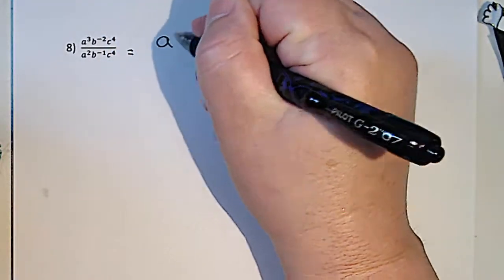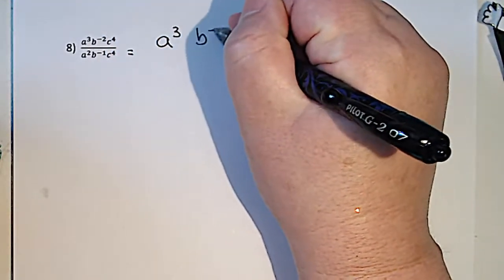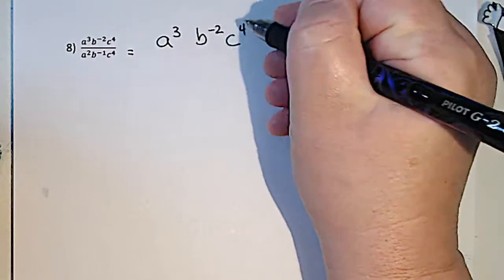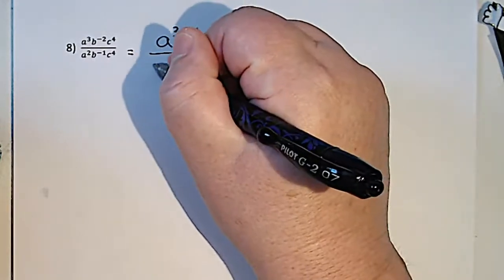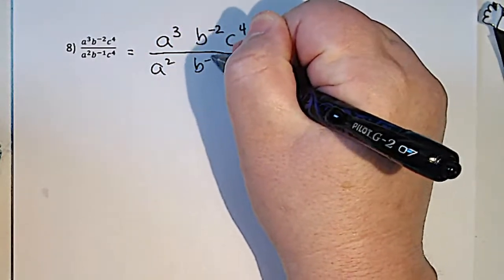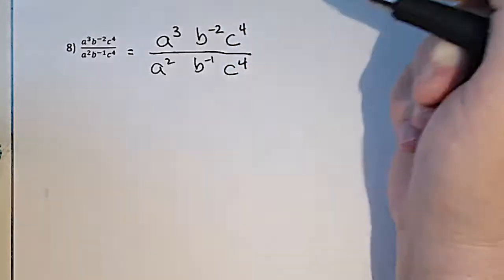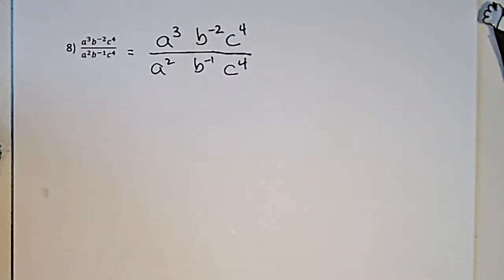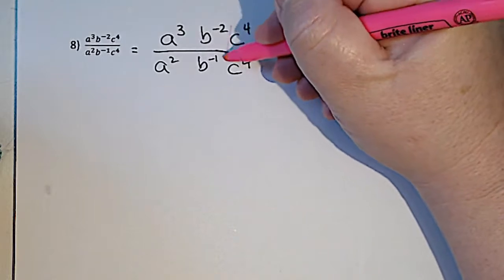So as usual, I will write bigly here so that we can see it a little bit better. And we've got a lot of things going on here. One thing that I notice right off the bat is the C's.